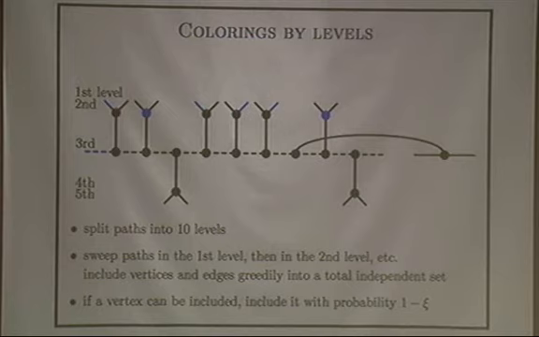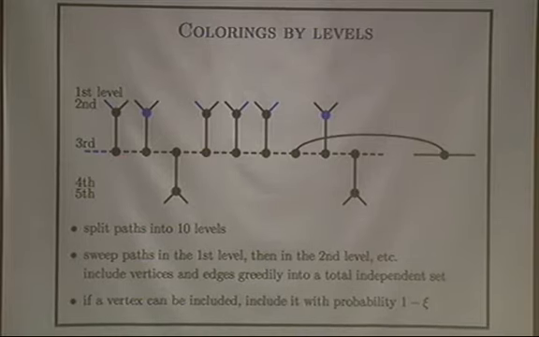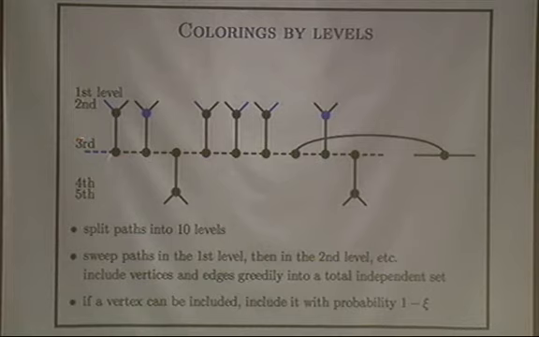So now I want to decide which of these vertices and edges of this path, and now I'm going from left to right, I'm going to include in my total independent set. So assume this edge is already in the set. So that means I cannot put in my set this vertex, because this vertex would be adjacent to an edge in the set and it wouldn't be a total independent set. I cannot include this edge either, because there would be two edges sharing a vertex.